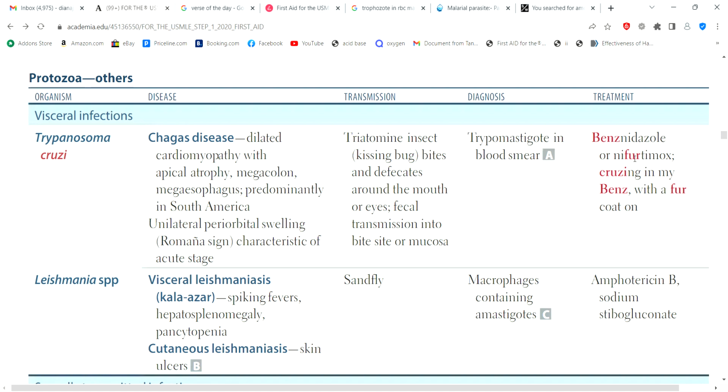Transmission is by the triatomine insect, which is a kissing bug. It bites and defecates around the mouth or the eyes. There's fecal transmission into the bite site of mucosa. Diagnosis by trypomastigotes in the blood smear. Treatment is by benznidazole or nifurtimox.